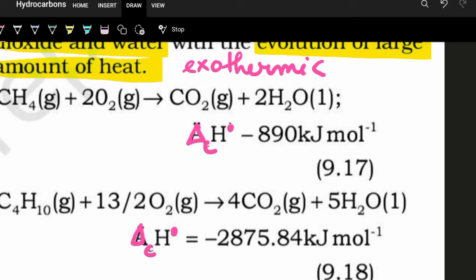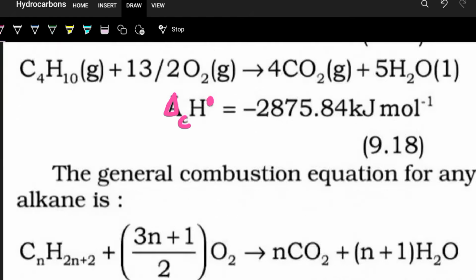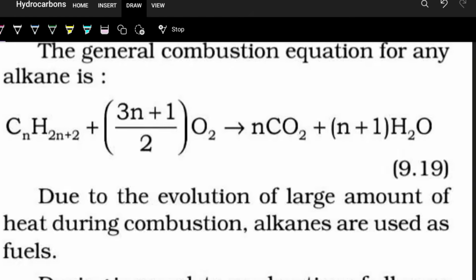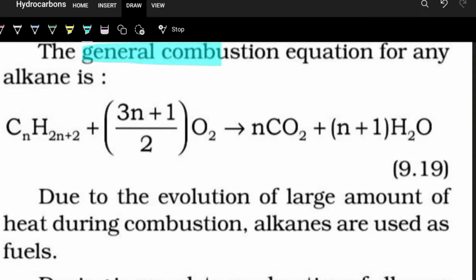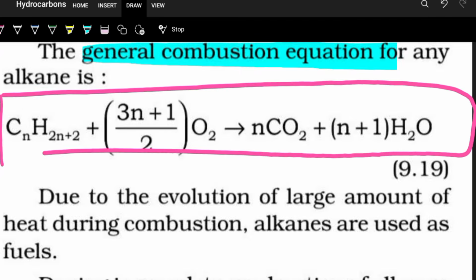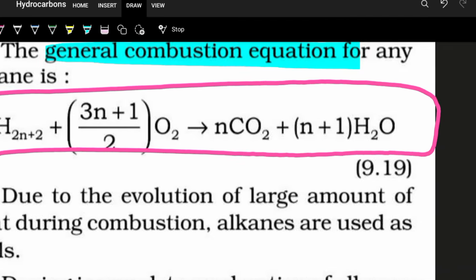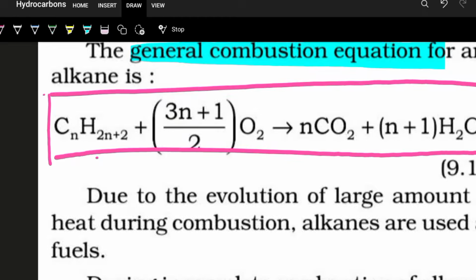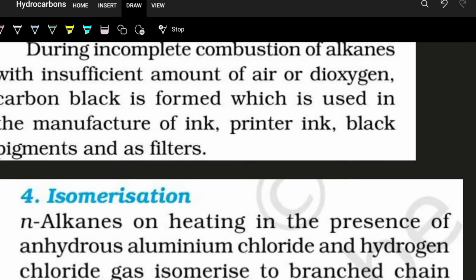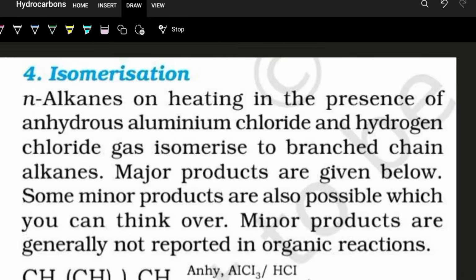Here we can see that a general equation is given. You need to see this general combustion equation. This is important for any of the alkanes. You can place it in this equation and easily write the chemical reaction. So you can practice only the general equation. Next, you go to isomerization. What happens in isomerization?